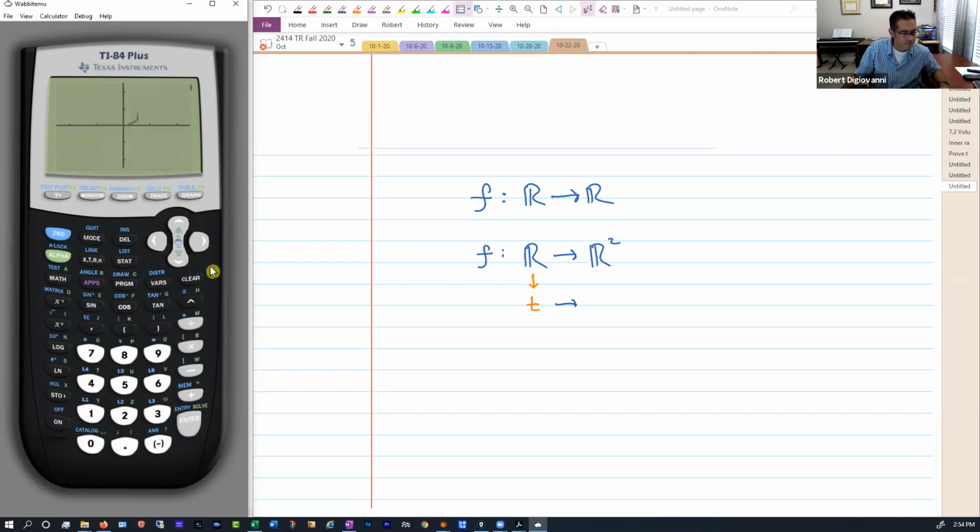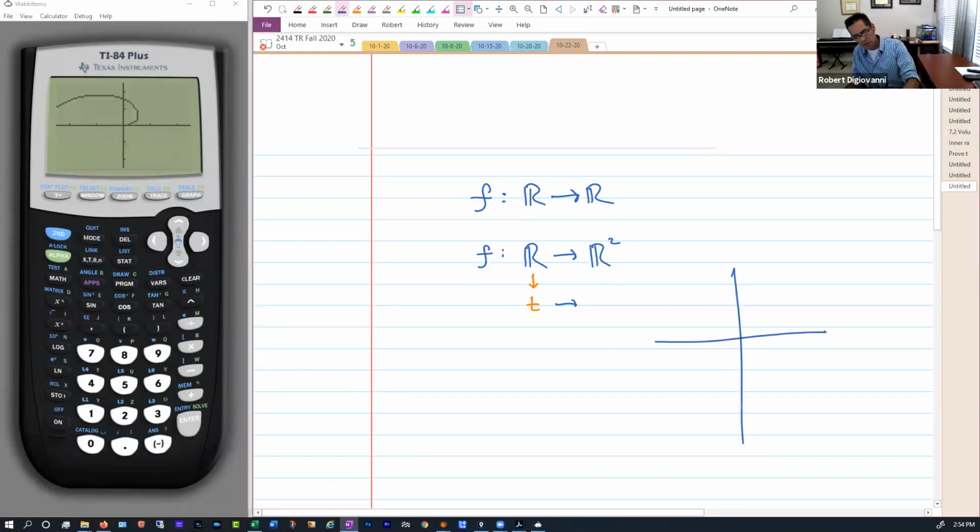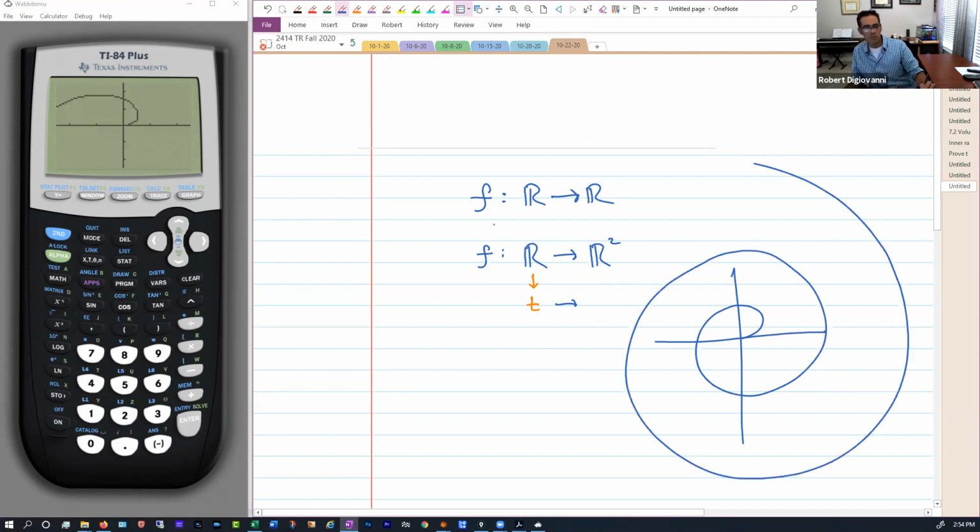And graph. All right, it just drew a spiral. It's drawing a spiral.